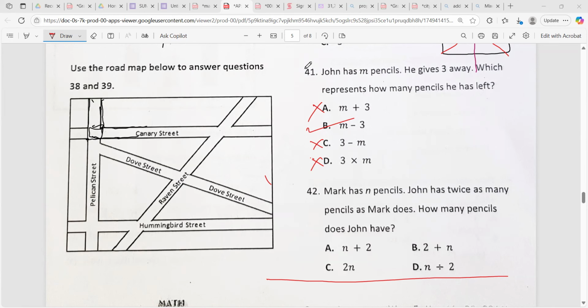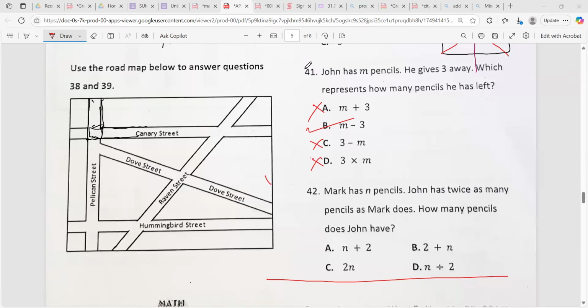Go ahead, Zari. It says Mark has N pencils. John has twice as many pencils as Mark does. How many pencils does John have? It cannot be A because it says twice as many and you're not adding 2, you're doubling whatever number N is.